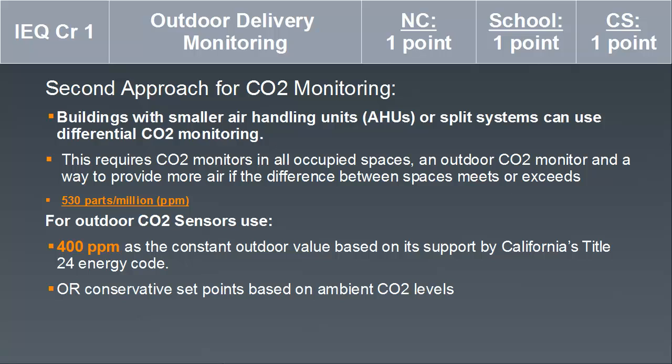For outdoor CO2 sensors, use 400 parts per million as a constant outdoor value based on its support by California's Title 24 Energy Code. California has stringent codes on this because sometimes their outdoor air is very contaminated depending on what part of the city you're in. Could also do conservative set points based on ambient CO2 levels.